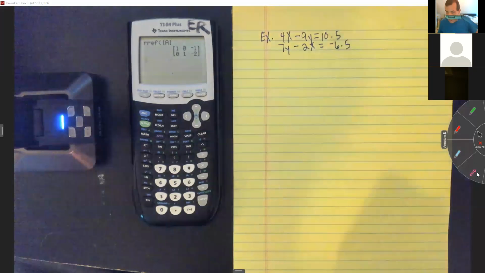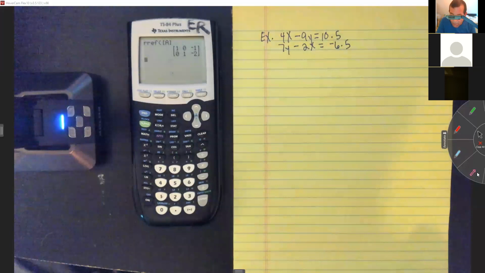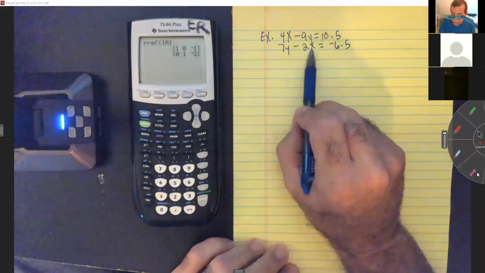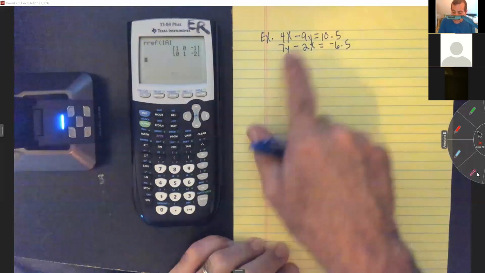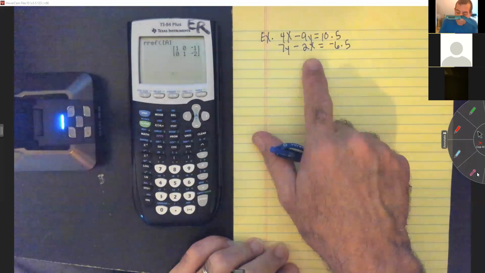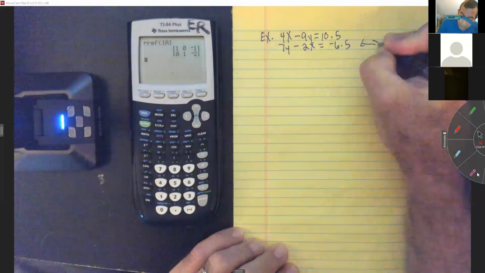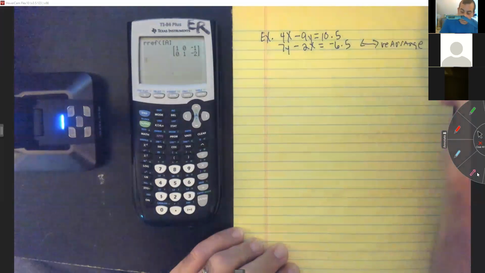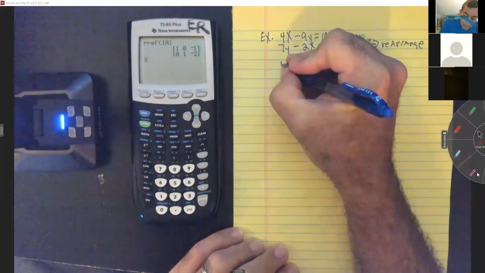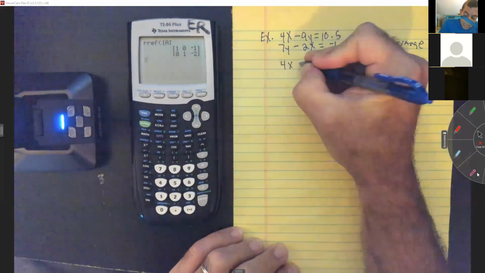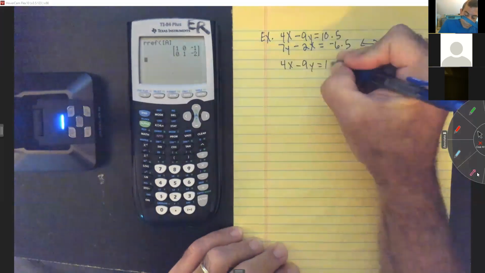Now, the first thing I noticed on this, they're out of order. You got to have all the x's in the first column, all the y's in the second column, and then all the numbers. So this one needs to be rearranged. The top row will be 4x minus 9y equals 10.5.